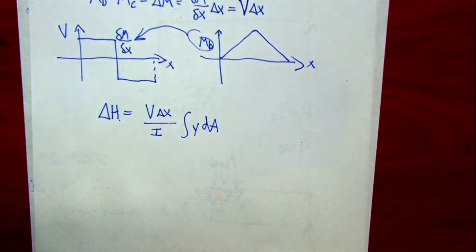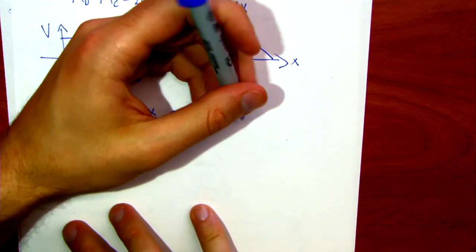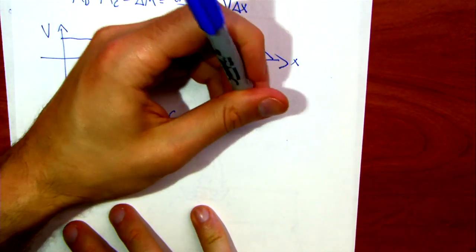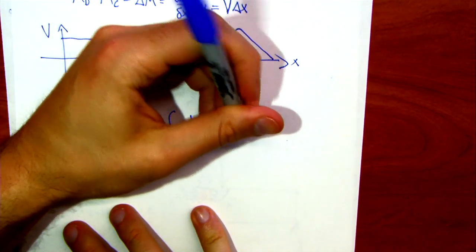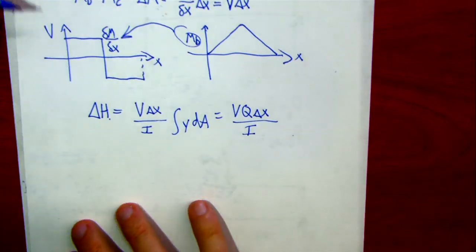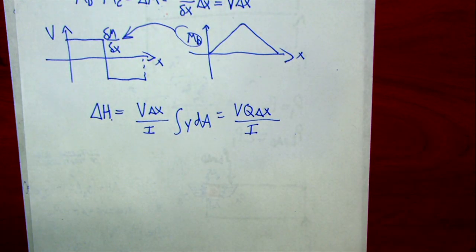All right, cool. We are moving and shaking. And I've said that the integral of y dA is Q because we like having letters for these things. So V Q delta x over I is my shear force. But forces aren't stresses, right? So we need to translate that into a stress.